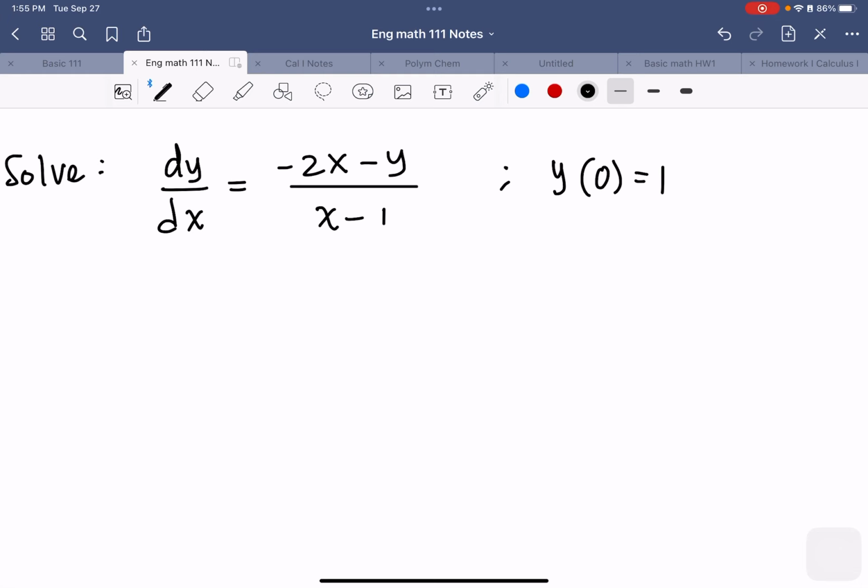The first thing is you need to check the structure, and if you want to make it clear it's an exact equation, maybe you need to rewrite the form in terms of M dx and N dy, right?